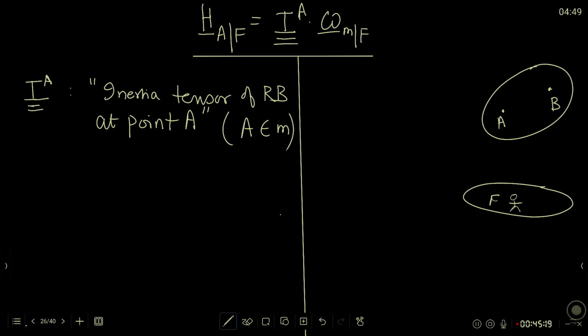But suppose one is not interested in H A F, one is interested in finding H B F, where B is another point which is fixed in M. So if you want to know the angular momentum of the RB about point B with respect to F, you can do a similar splitting, and that splitting will be like this.